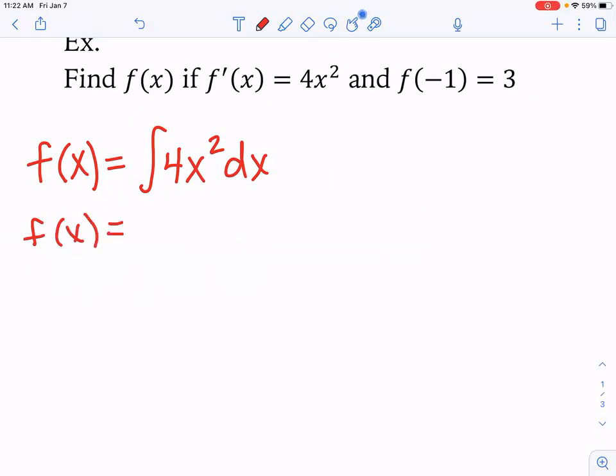Well, that would mean f of x is 4/3 x cubed plus c.